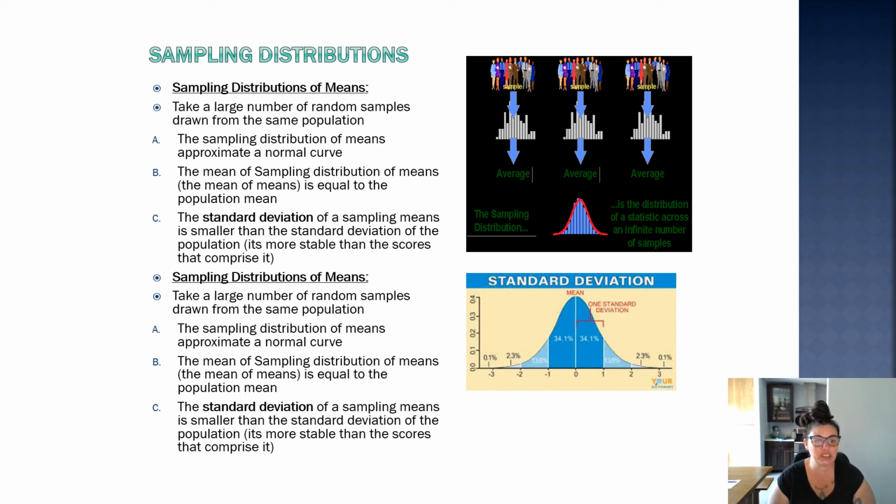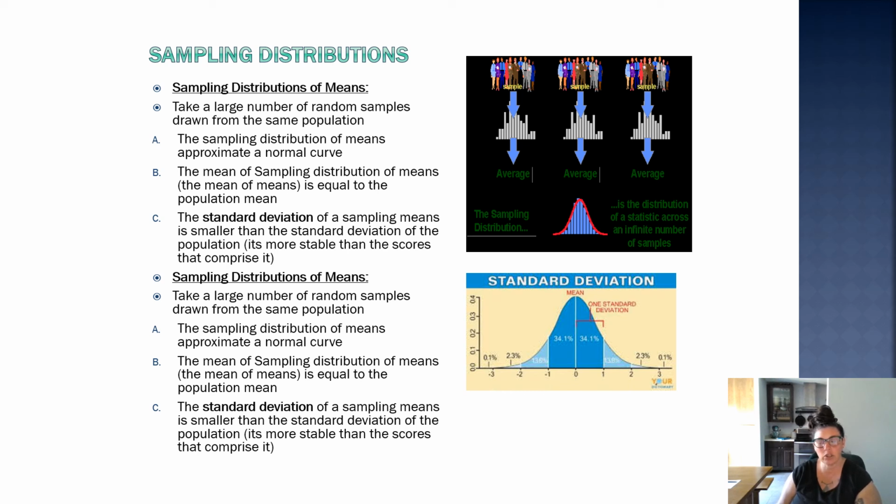Oh, sampling distributions of means, right? You take a large number of random samples drawn from that population, and then you look at that sample distribution of means, and it should approximate a normal curve. You were probably wondering when I was explaining this, how do you know that your sample means actually approximate the real population mean if you're not actually pulling data from everybody?